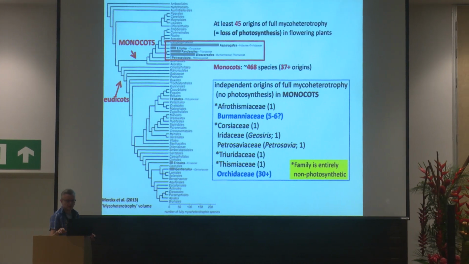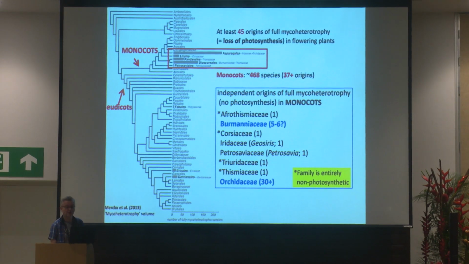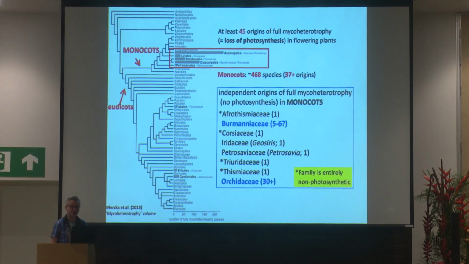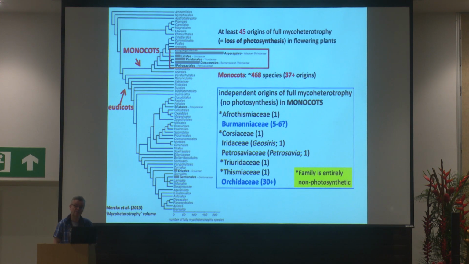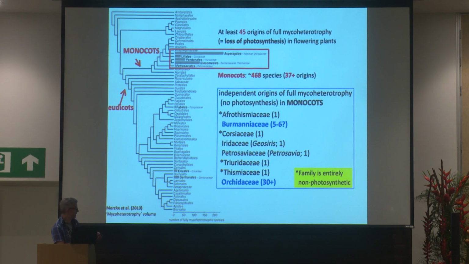Those 500 species are highly dispersed across 8 families of monocots in 5 of the 12 orders. So almost half of the orders of monocots have some kind of full mycoheterotrophy. And there are several families with asterisks here that are full-on mycoheterotrophs. They only have mycoheterotrophic plants.